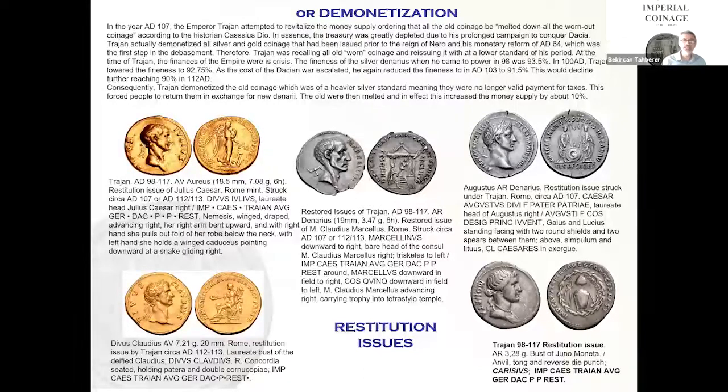The truth is, actually, the Roman finances were at the brink of another disaster when Trajan became emperor, and the metal was debased dramatically, especially silver, and the weight was reduced, and he had to do something about that.